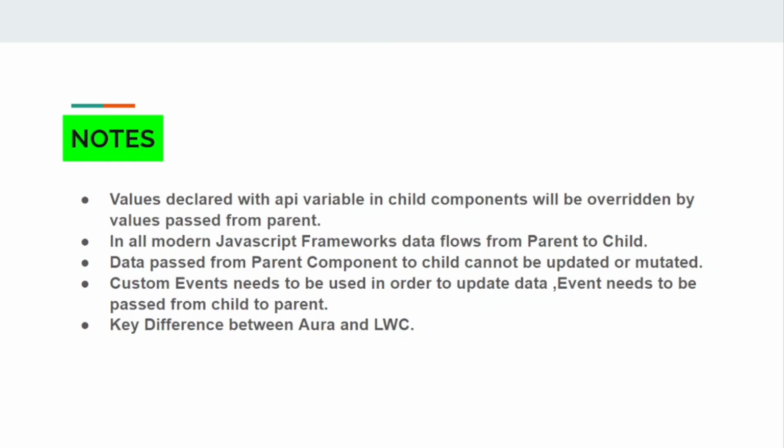There is no need to write a custom event, fire it, pass the event to the parent component, do changes there, and then pass the updated variable once again to the child. There is no such case in Aura components. Bidirectional data transfer takes place. We can update the variables in the parent component itself, and we can update the variables in the child component itself.